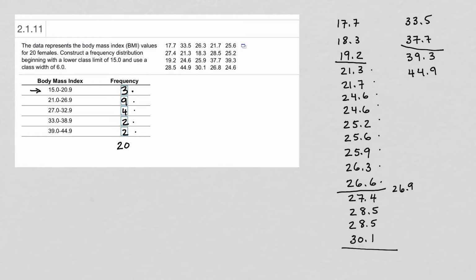What I like to do is to take this data set and enter it into list 1 in the graphing calculator. And you can do that by pressing the stats button on your calculator. And then you press enter because you're choosing number 1, edit.